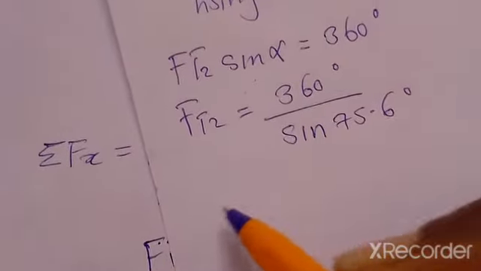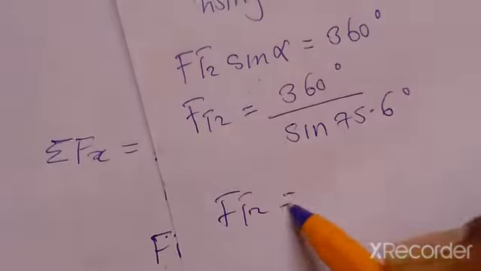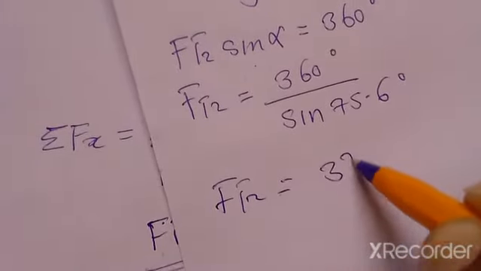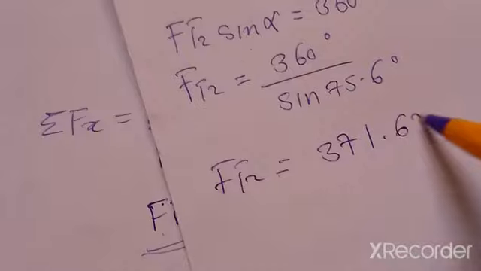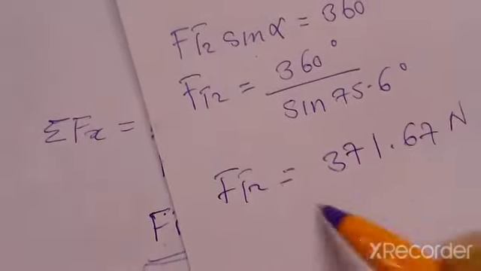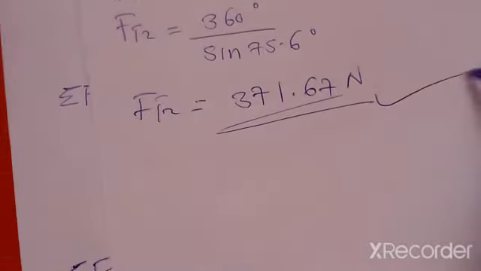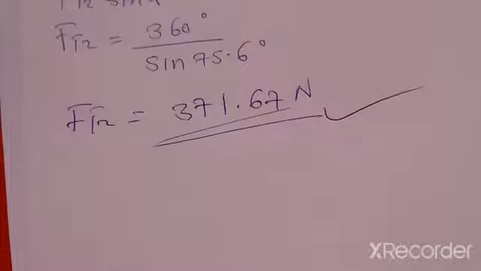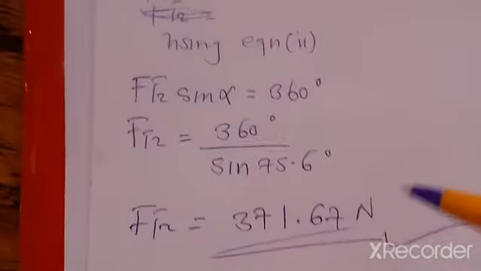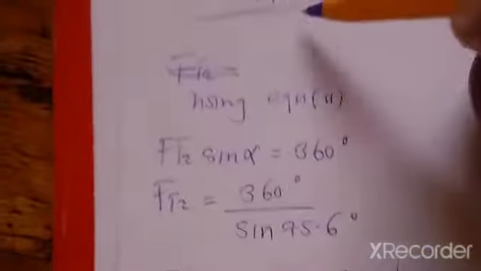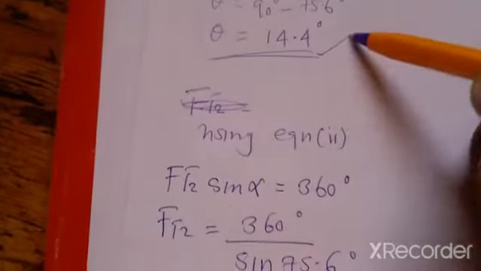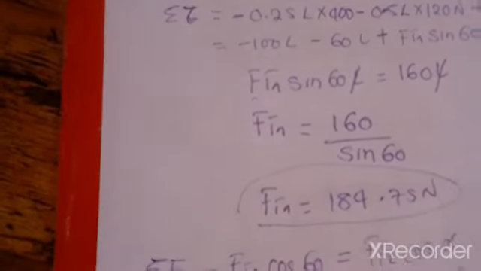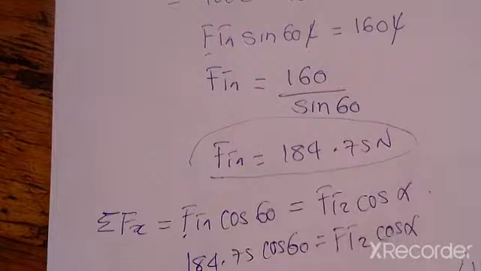Then we'll have ft2 to be equal to 371.67 newtons. So we have found ft2 here. The question asked us to find ft2, ft1, and the angle theta. We have ft2 here, we've got the angle theta here, and we found, where is the one?